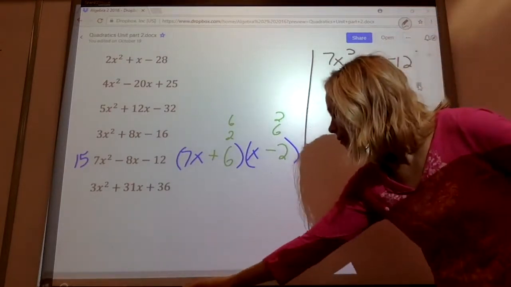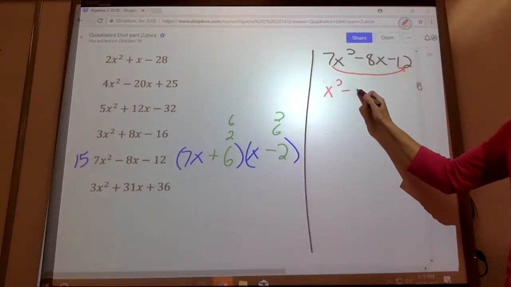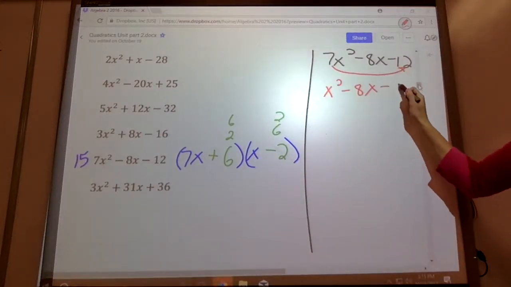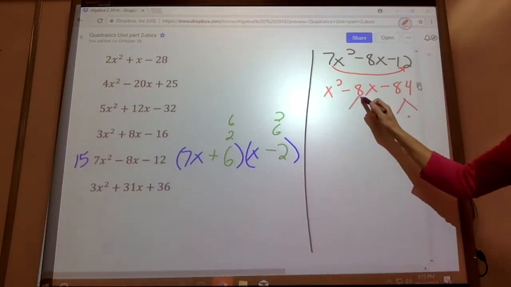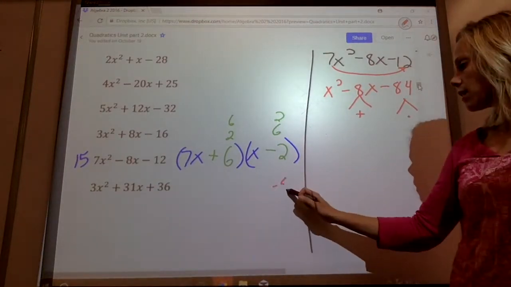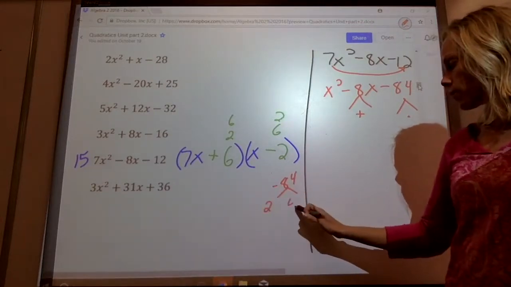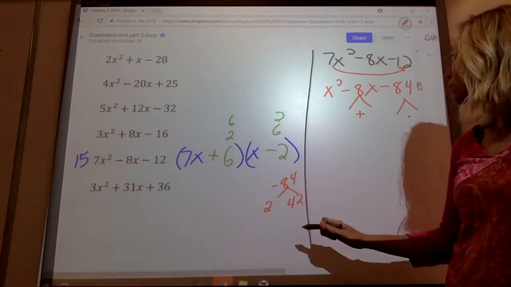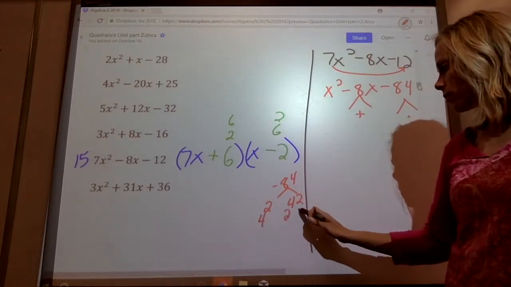So let's do the other way. I'm going to take the A to the C term. So 84. What do I multiply equals negative 84, but add equals negative 8? So let's think. Negative 84. What do I have? 2 and 42. 4 and 21.